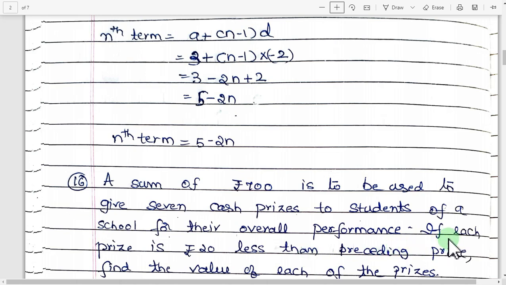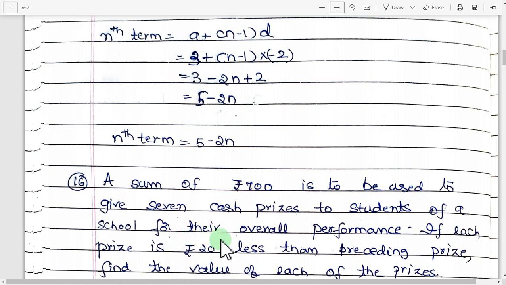But here, if each prize is 20 rupees less than the preceding prize, for example, take the first cash prize as 100. If it is 20 less, the next cash prize will be 100 minus 20, 80. Next is 80 minus 20, 60. Like that it goes. So the first term will be bigger than the remaining 6 terms.